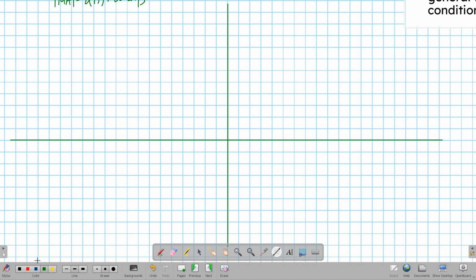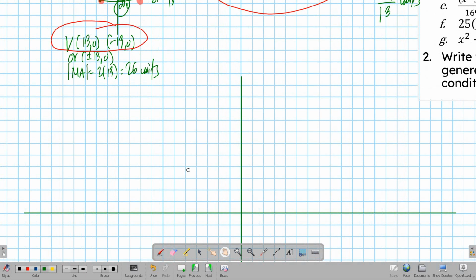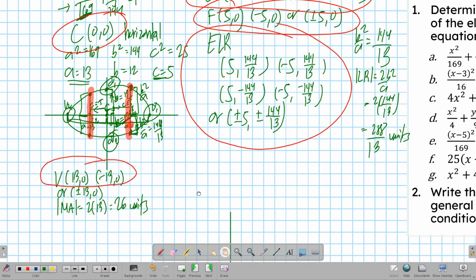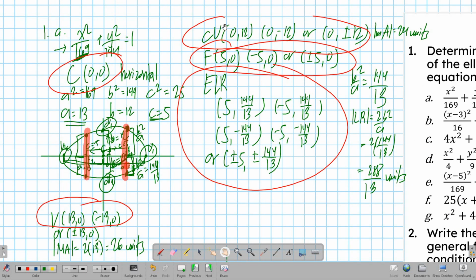Okay. So first, to graph, usually we would need our vertices and co-vertices. The foci can also be included in the graph if it's convenient. Here, the foci are not convenient because they are not integers. So we rely on our vertices and co-vertices.